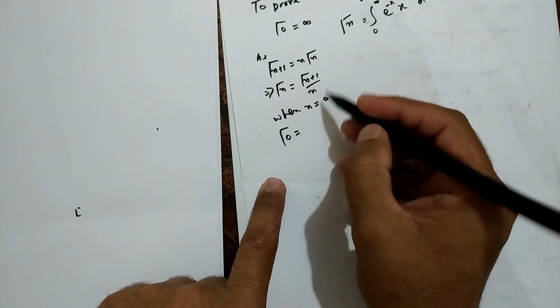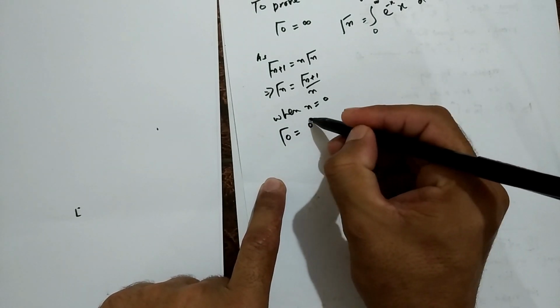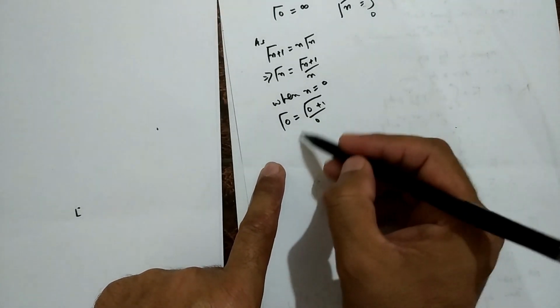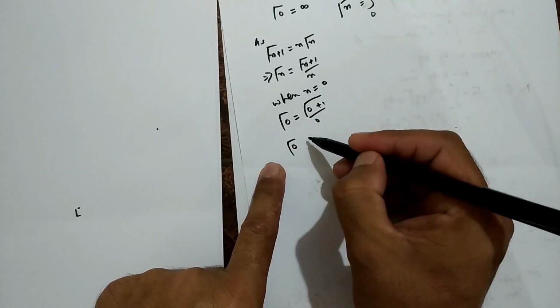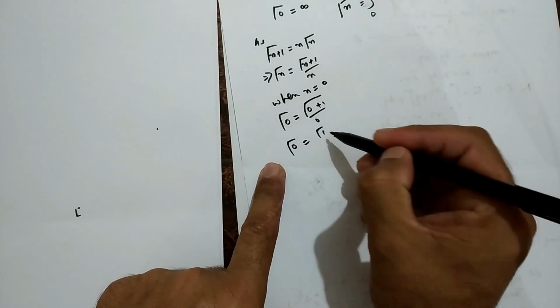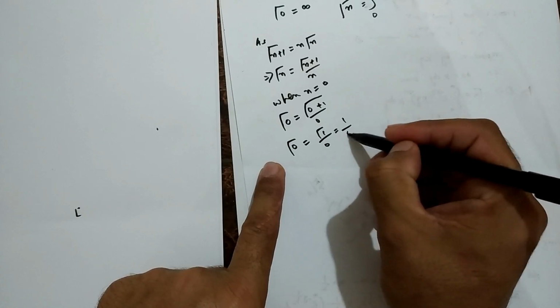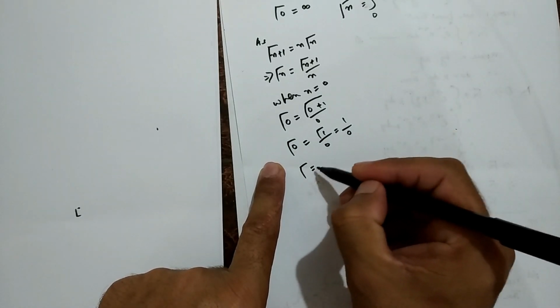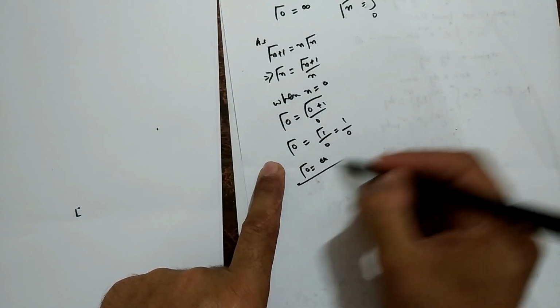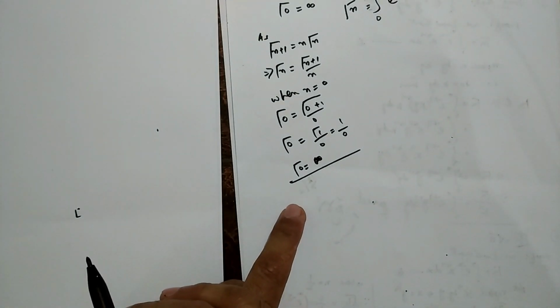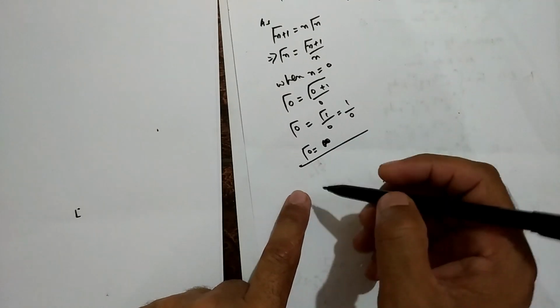Gamma 0 is equal to gamma 0 plus 1 upon 0, that is gamma 1 upon 0, and gamma 1 of course is 1, so 1 upon 0, and 1 upon 0 is infinity. So gamma function at 0 approaches infinity.